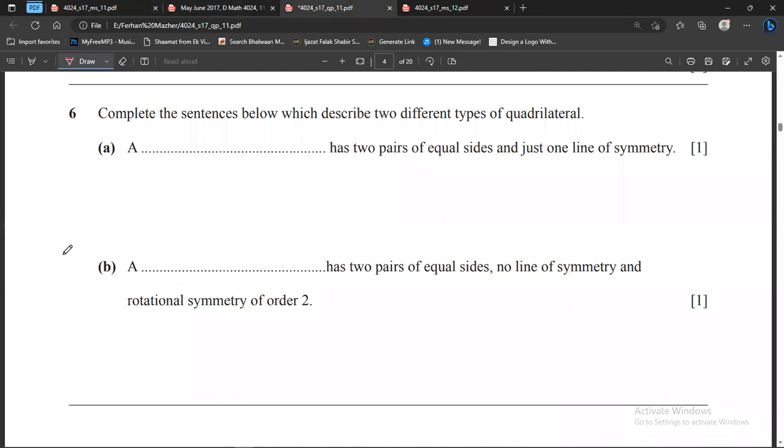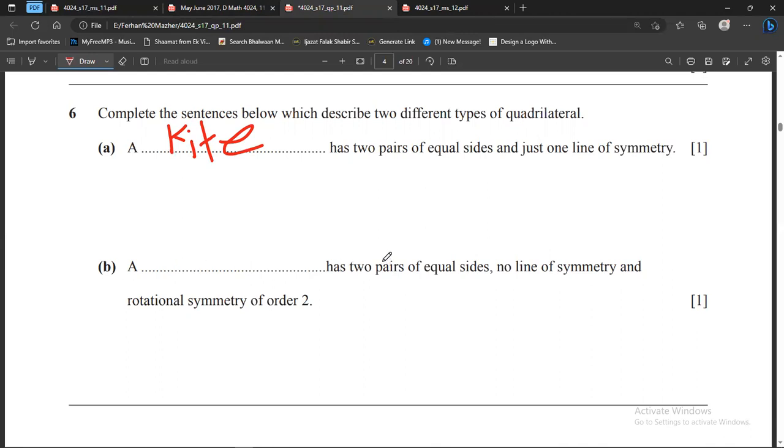So we have question number 6 here. Complete the sentences below which describe two different types of quadrilateral. A dash has two pairs of equal sides and just one line of symmetry. The kite is such a shape, so here we will write kite. A kite has one line of symmetry, which is along its longer diagonal, and it has two pairs of equal sides.